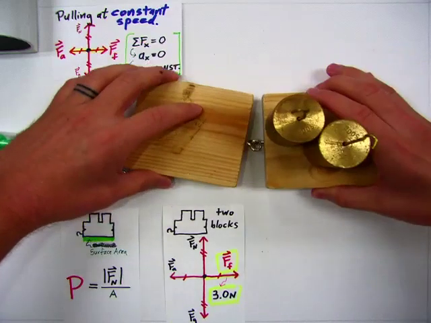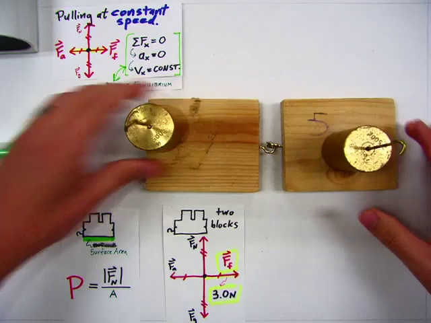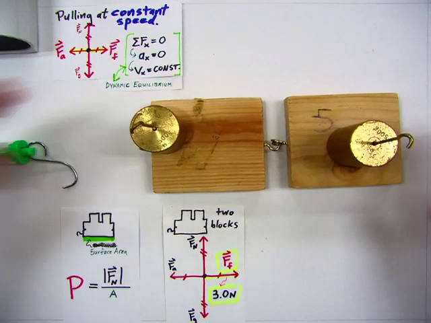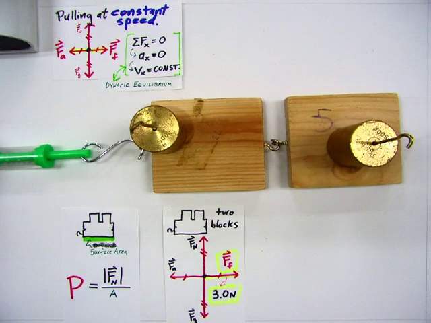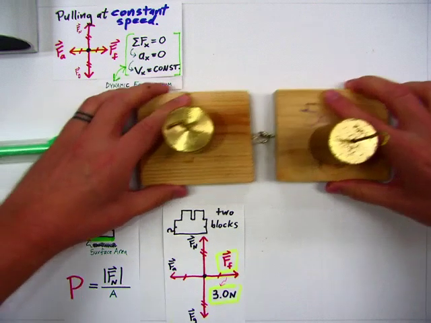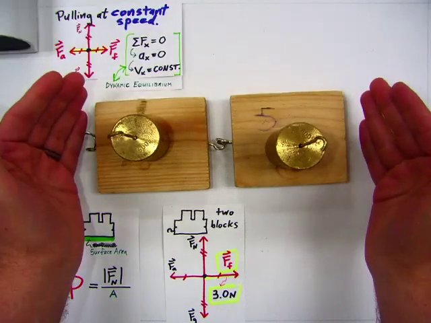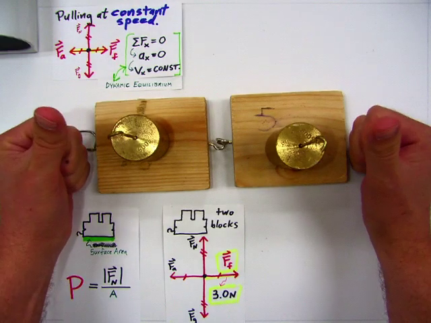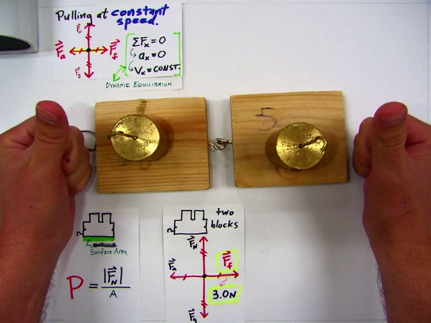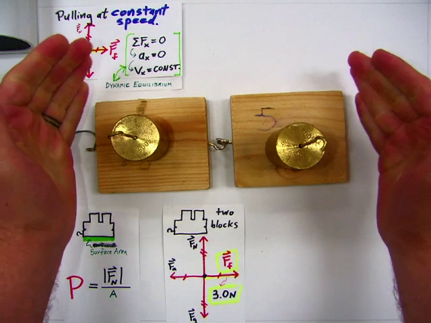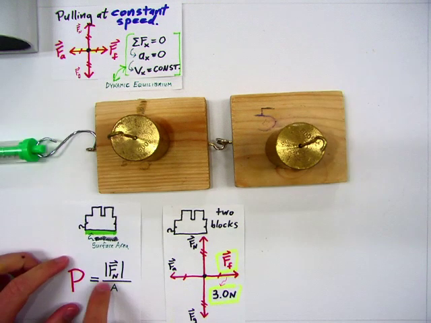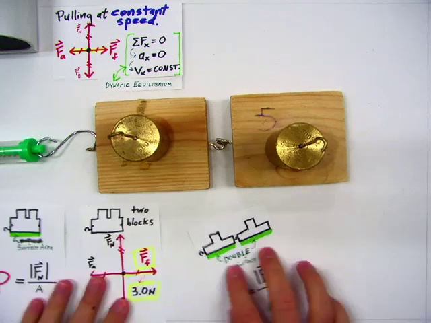Let's take the 2 blocks. Instead, put them side by side here, still linked together so I can drag the 2 of them. And now this object has the same total mass, so the same total weight. So it's the same total normal force that the table is exerting upward on the object to hold it up. So the normal force has stayed the same.